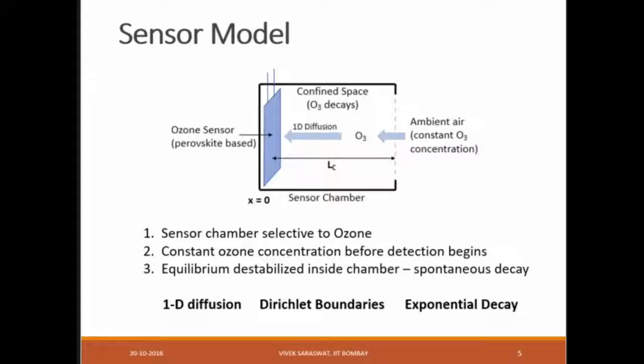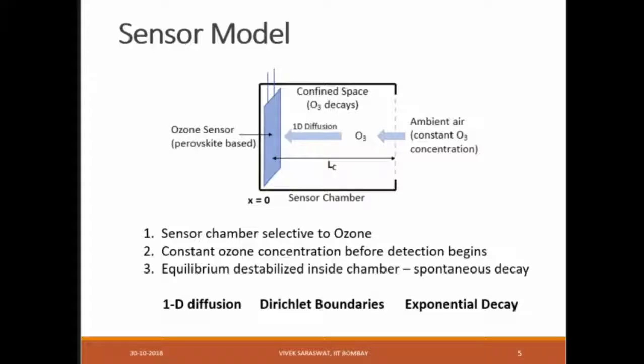Depending upon the temperature and moisture levels, the decay time of ozone varies as a couple of minutes, and this is very close to the response times reported in experiments. So there will be a competition between the decay and the diffusion happening inside the sensor chamber. The numerical study has these three important conditions.